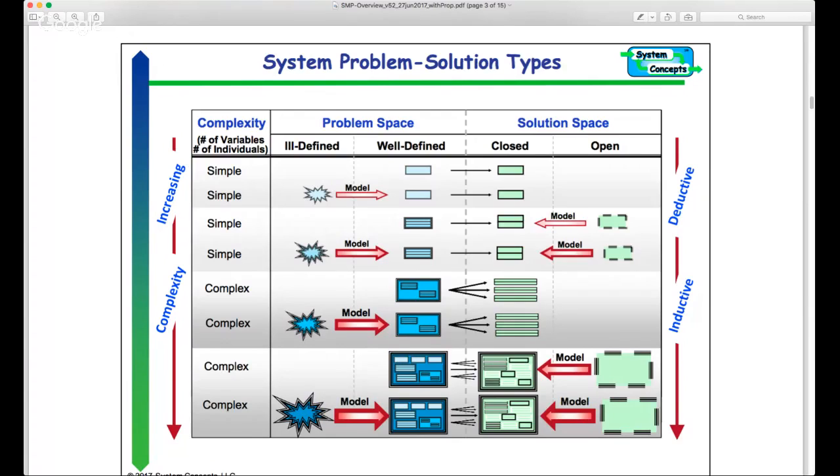As things become more complex, they become more uncertain, and that uncertainty creates complexity. Down at the bottom, we have a situation where it's ill-defined. We have an ill-defined problem space and an open solution space. In that case, we apply models for an ill-defined problem space. Structural modeling would be applied in this model area to create a well-defined problem space.